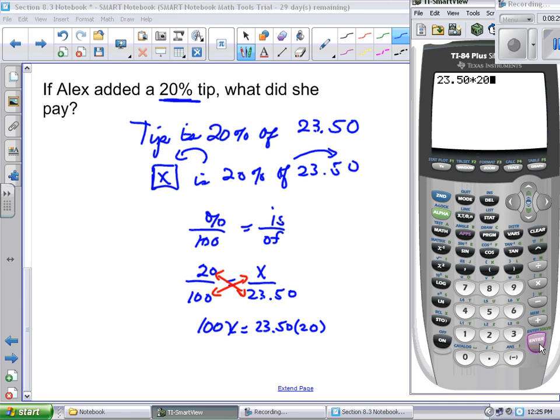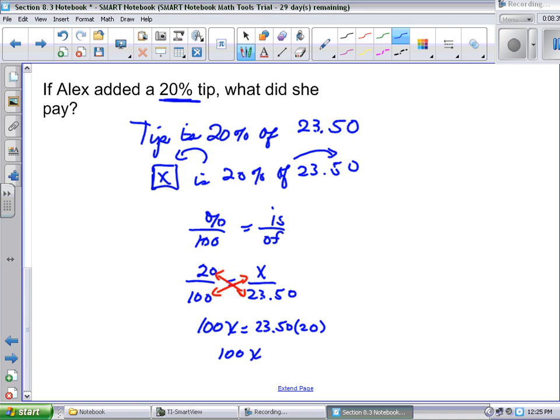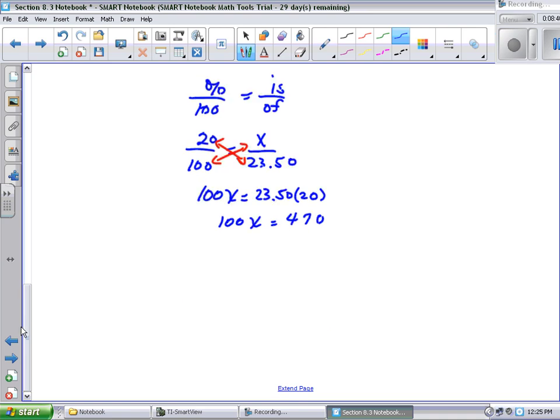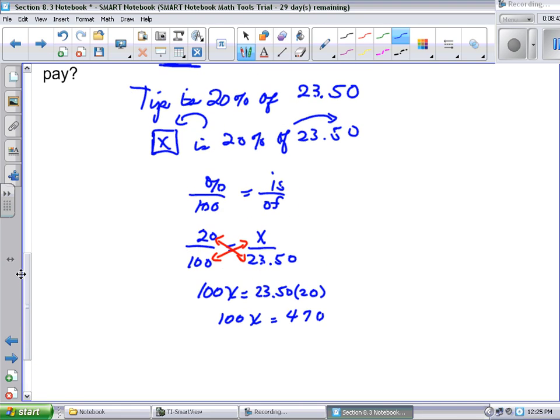Let's see, $23.50 times 20 is $470. So I will have 100x is equal to $470. And then when I divide both sides by 100, I will have x is equal to 4.70, or $4.70.